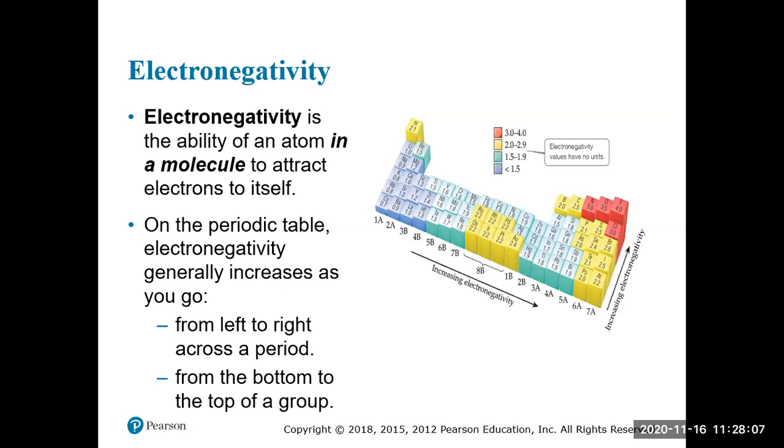In general, as you go from left to right, electronegativity increases. And when you go from bottom to top, electronegativity increases. So electronegativity is the greatest in the upper right-hand corner of the periodic table. Looking at the electronegativity values in that table, fluorine is the highest value, followed by oxygen, nitrogen, and chlorine.